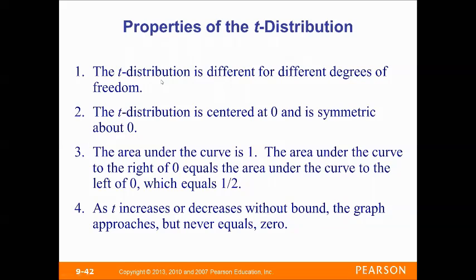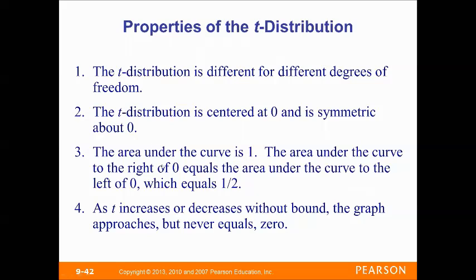So some more conclusions and properties. As we saw from the table I looked at, the distribution of t is different for different degrees of freedom. It is centered at 0 and is symmetric about 0. It is a distribution, so the area under the curve is 1.